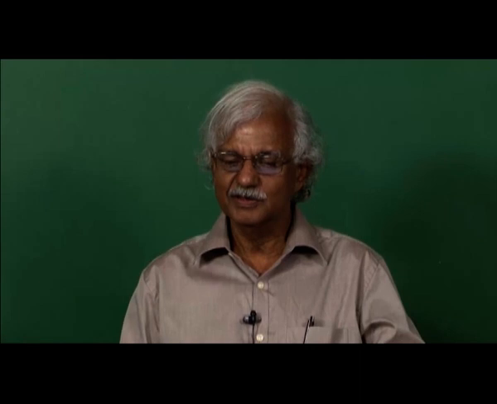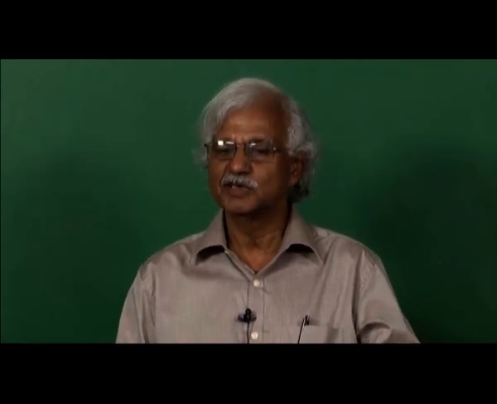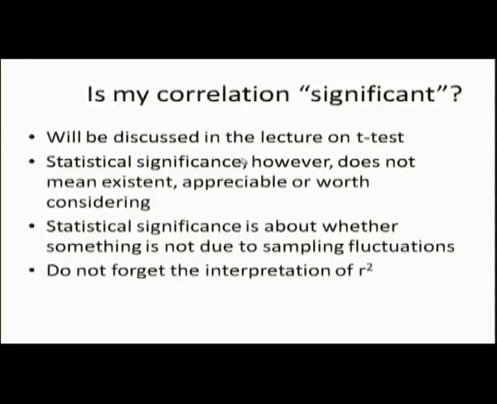That is insignificant. To test whether something is significant or not, we have to go into hypothesis testing, and we have to know the standard error of the correlation coefficient, and then apply the t-test as t equal to correlation minus 0 divided by the standard error of the correlation coefficient. So, that we will do later.